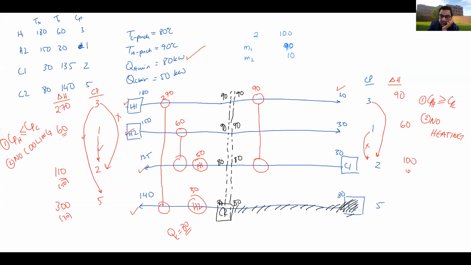I need to recognize that 50 multiplied by 2 is 100. Instead of using M1, let me use CP1. Let's not use CP1 to avoid confusion.